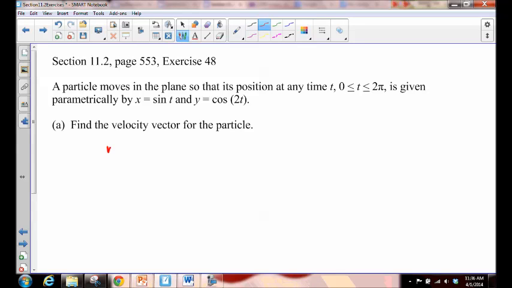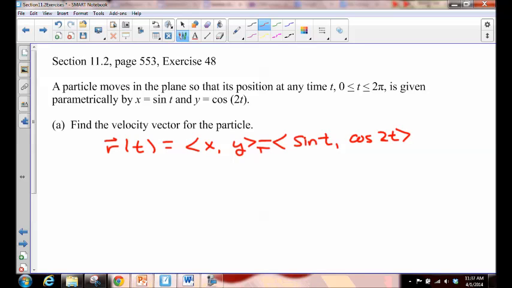Well, let's start by reminding ourselves that the position vector is equal to x comma y, and in this case that is going to be equal to sine t comma cosine 2t. And then we know, because we just talked about it, that the velocity vector is going to be the derivative of the position vector.